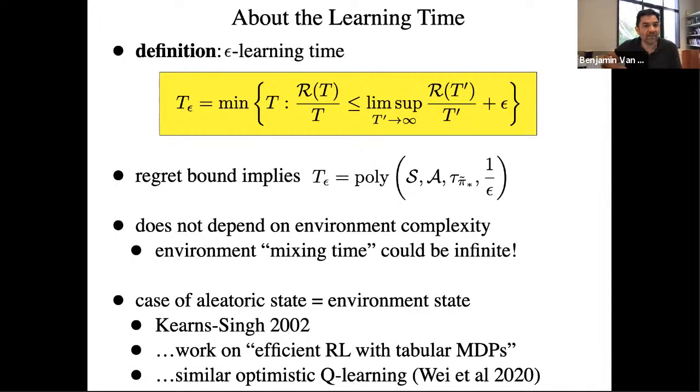This is all very interesting work, but so far it's really focused on the case where aleatoric state captures everything about the environment state. And I should mention that a recent paper in this line of work presents an algorithm that is very similar to the agent I'll present, but really only studies it in the case where aleatoric state is equal to environment state. That's the recent paper by Wei and others.